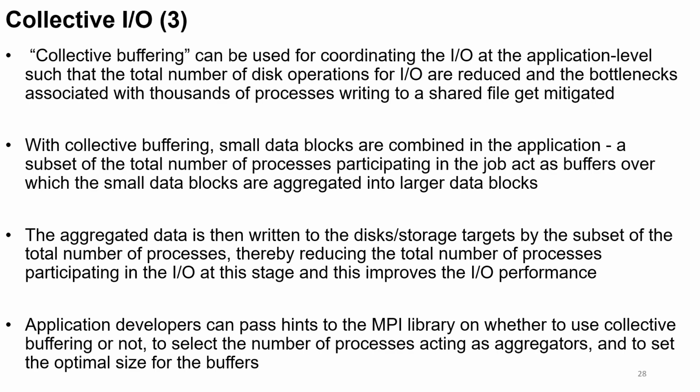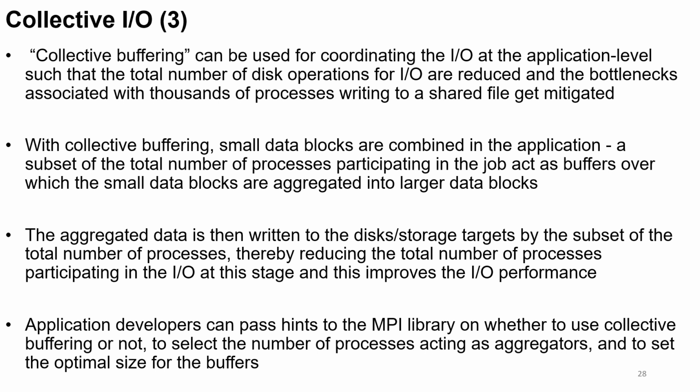When using MPI I/O calls, collective buffering can be used for coordinating the I/O at the application level, such that the total number of disk operations for I/O are reduced, and the bottlenecks associated with thousands of processes writing to a shared file get mitigated.